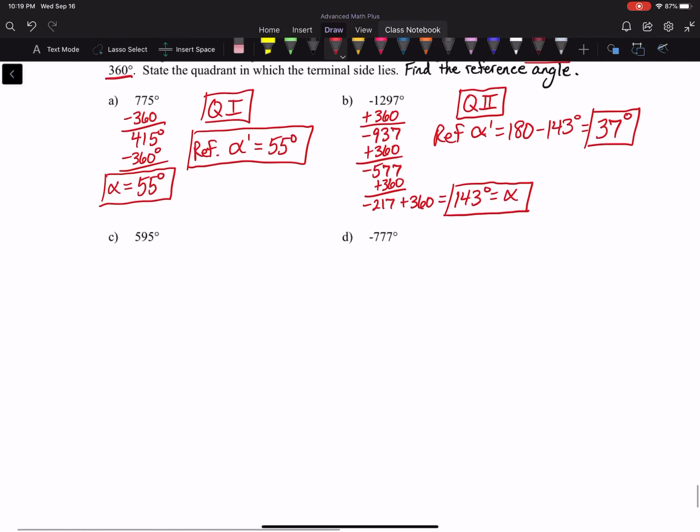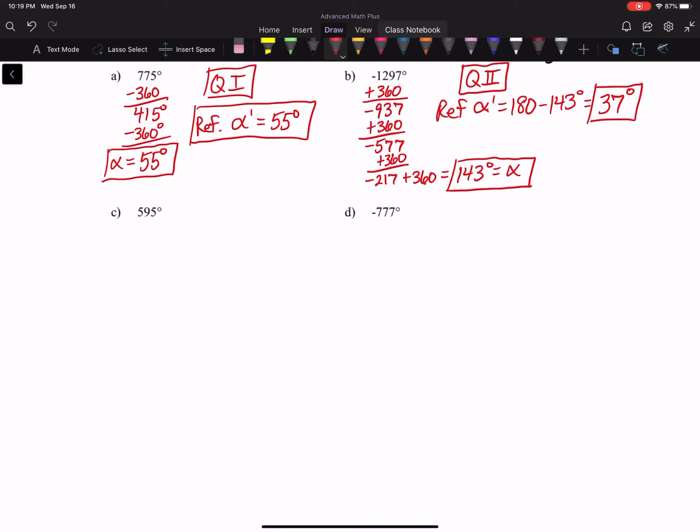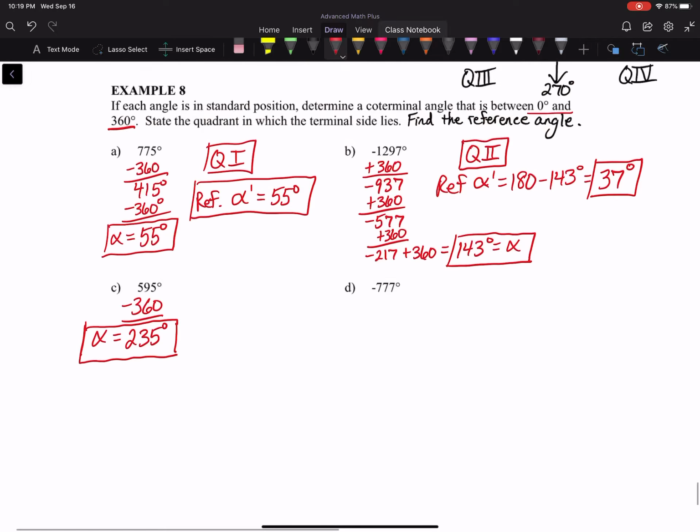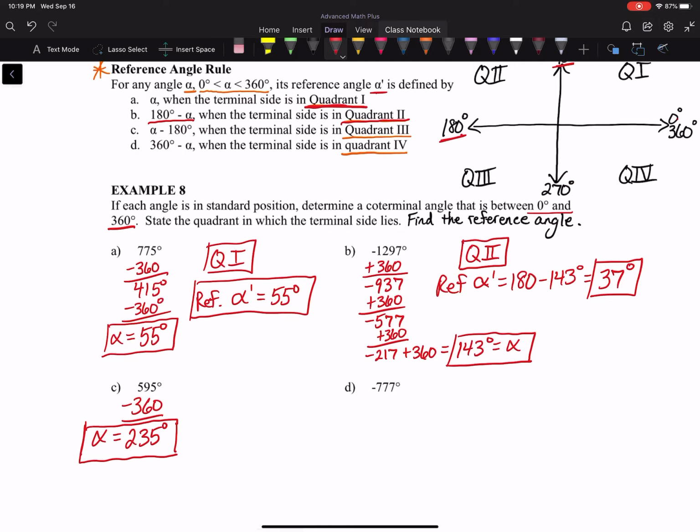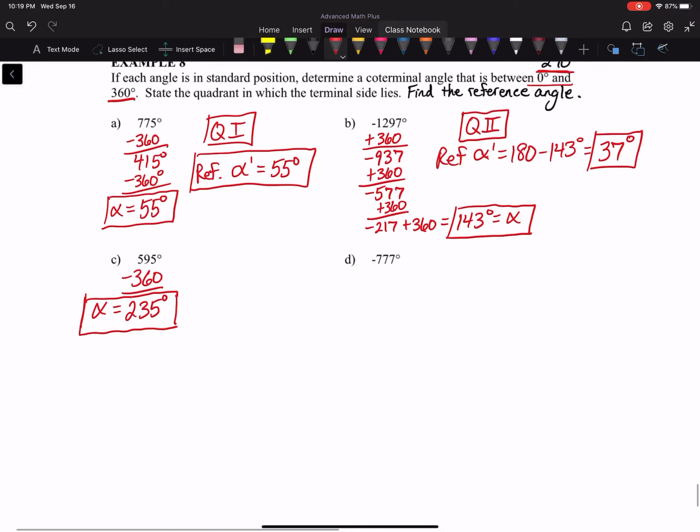Part C, 595. We are going to subtract 360. So when you subtract 360 from 595, you get 235 degrees. That is between 0 and 360, so that is our coterminal angle. 235 would be in between 180 and 270 degrees, so that is in quadrant 3.